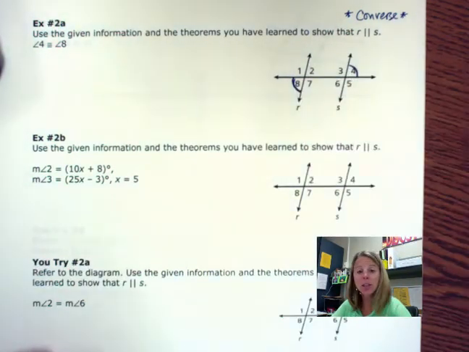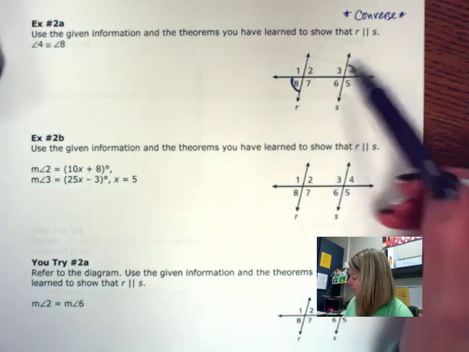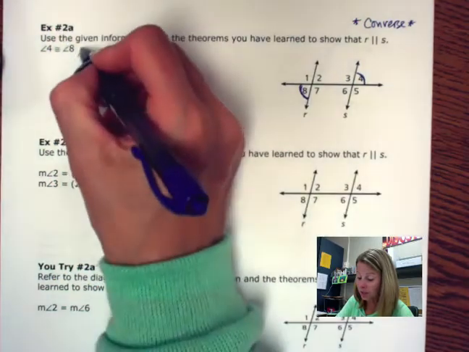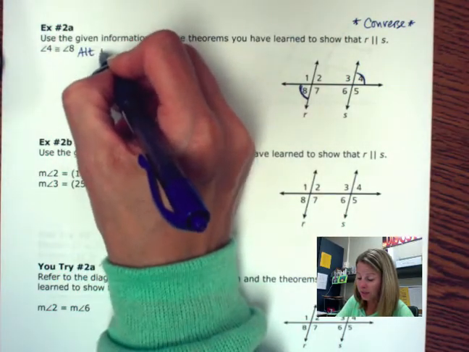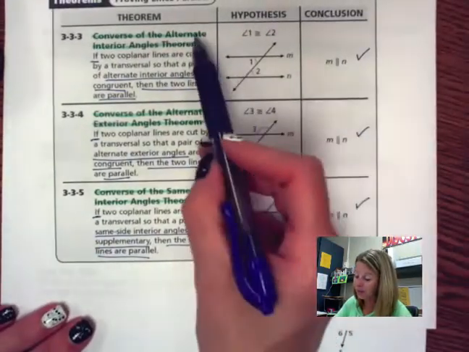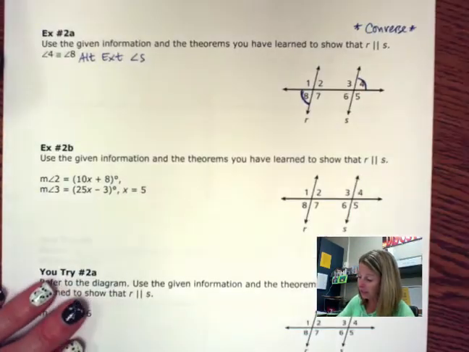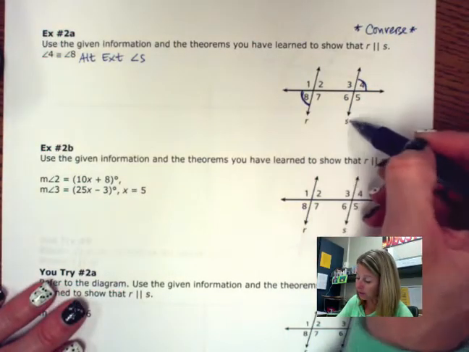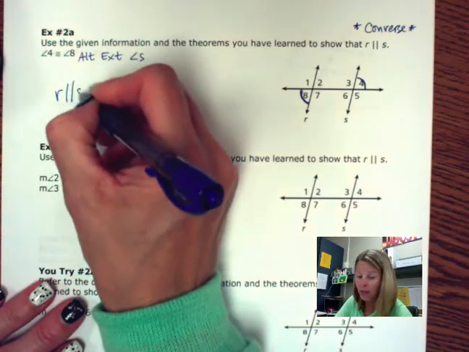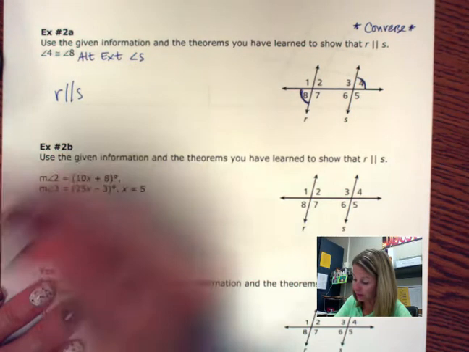When I look at those, I say to myself, those are alternate exterior angles. And I have a converse that says, if your alternate exterior angles are equal, then your lines are parallel. So I can say here that R is parallel to S, and the reason is the converse of the alternate exterior angles theorem.